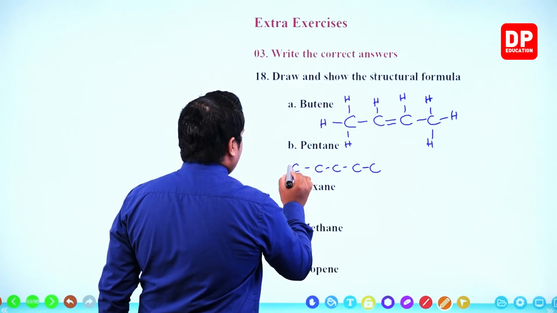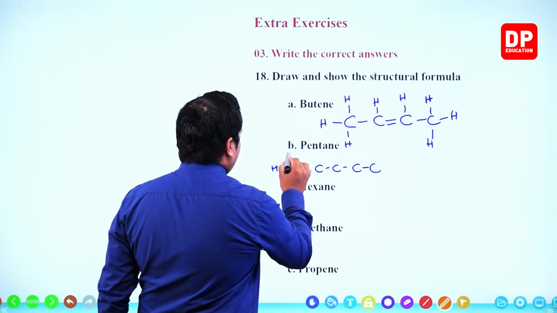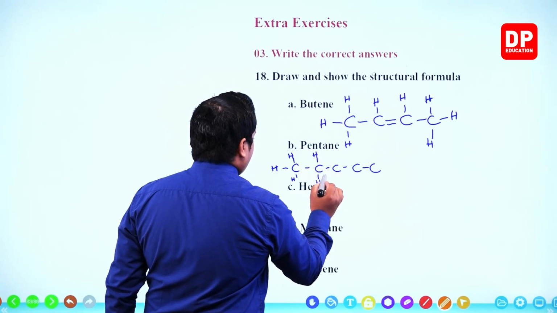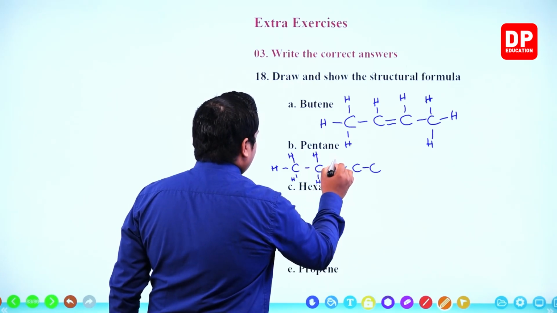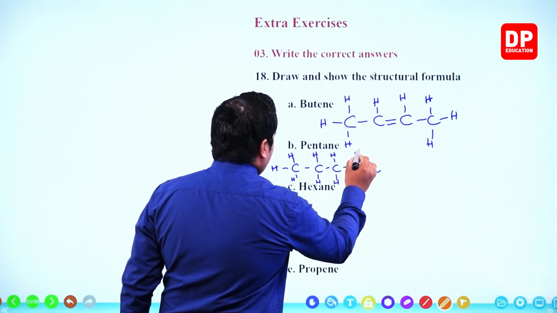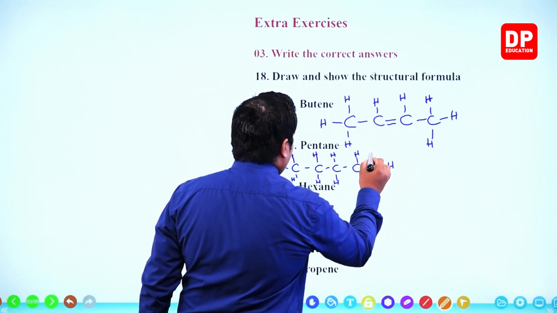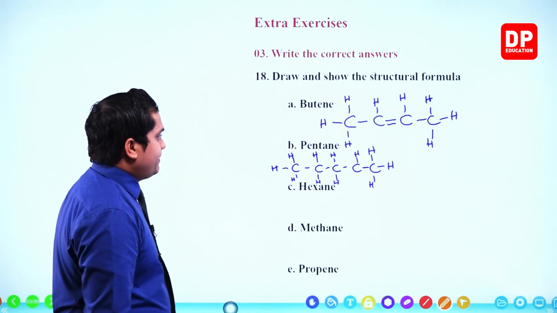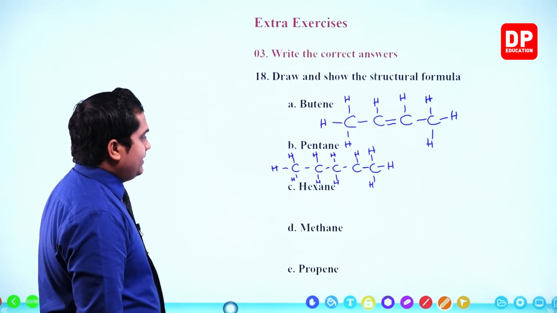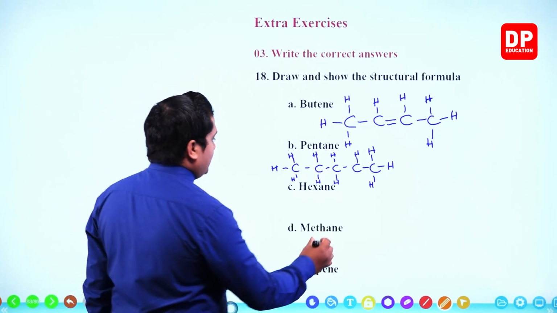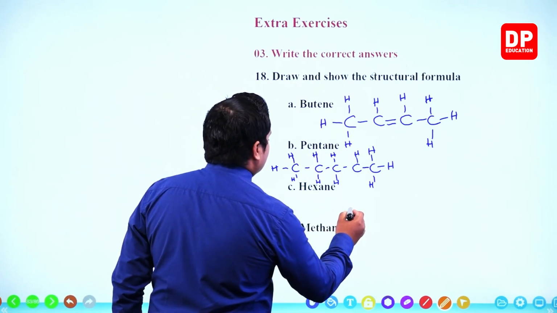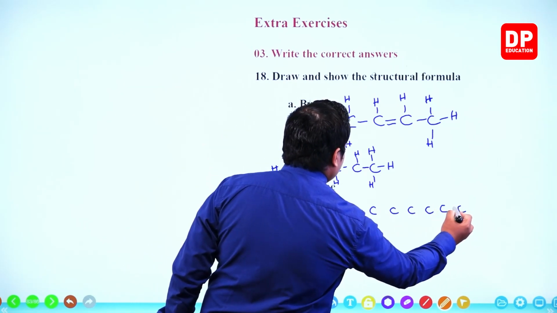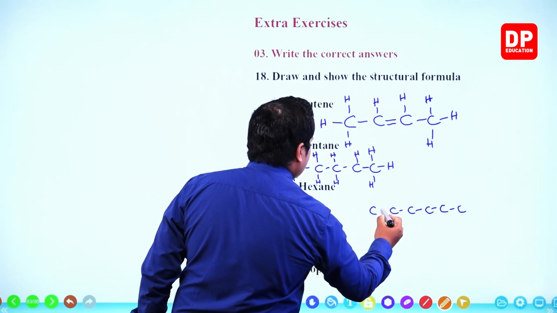Then hydrogen, hydrogen, hydrogen, hydrogen, and so on until all carbons are complete. This is pentane. Then hexane. Hex means 6. So 1, 2, 3, 4, 5, 6 all are single bonds.